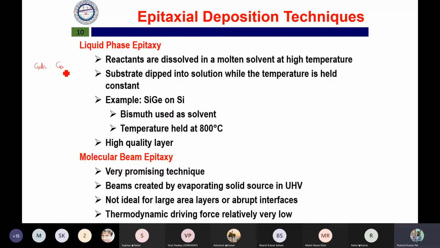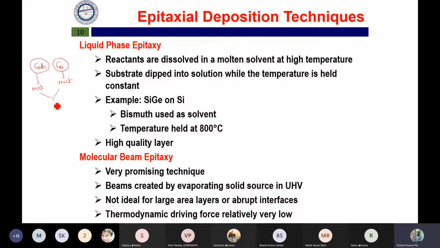On the gallium substrate we want to deposit gallium arsenide. So we will melt the gallium, and we will melt the gallium arsenide also. After melting we will be dissolving these two.